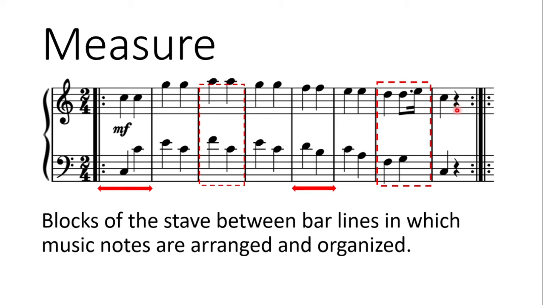This symbol indicates that you should rest. That is why we have 1 quarter note here, and the rest here is actually 1 beat. The beat here is a rest. You don't play anything over there, so you just end on this. All right, great.